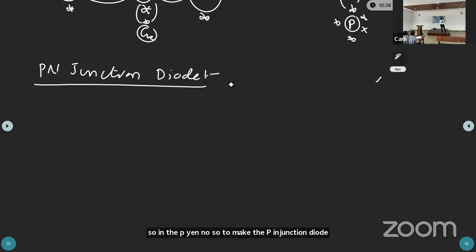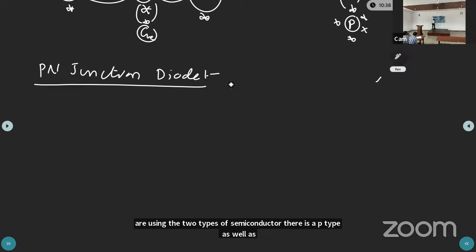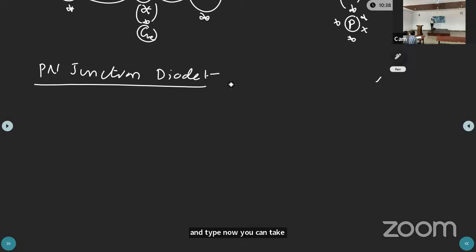To make the PN junction diode, we use two types of semiconductor: P type as well as N type. You can take one crystal bar and divide it into two parts.